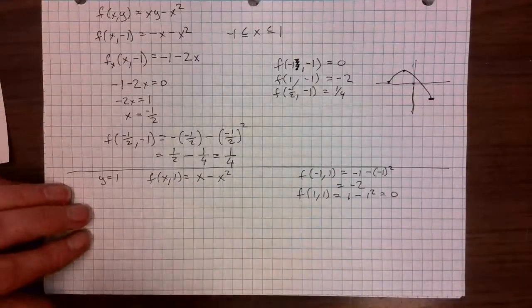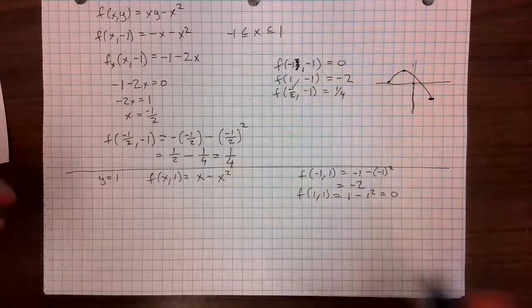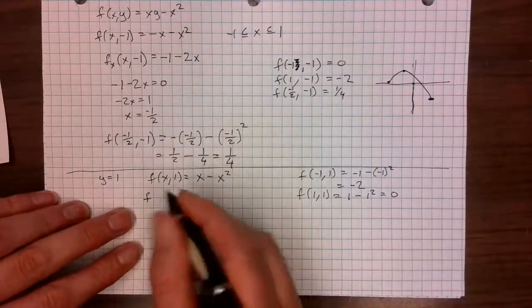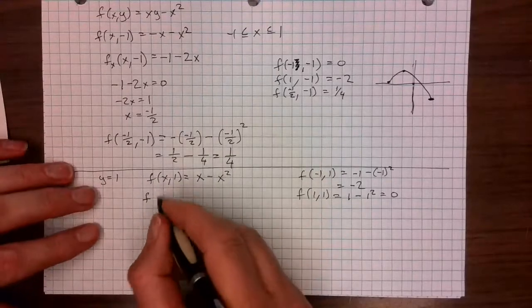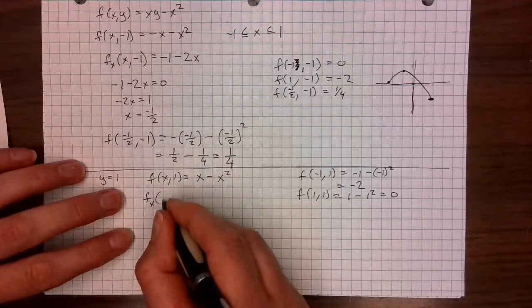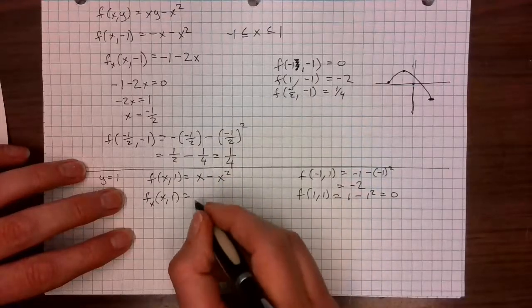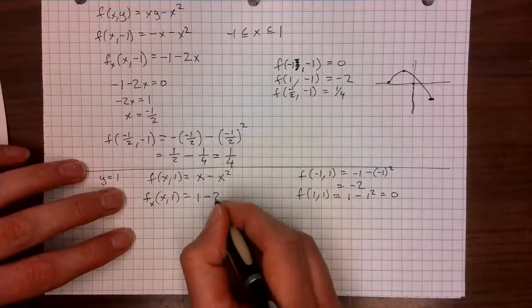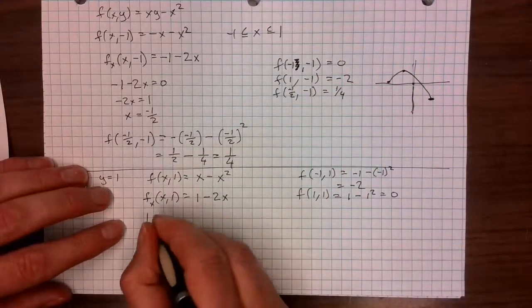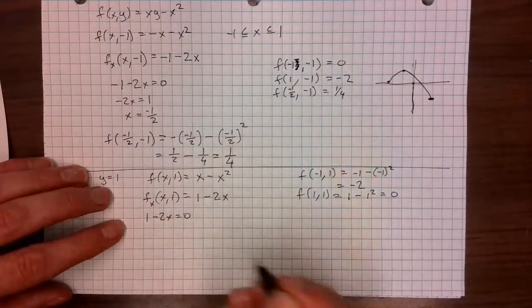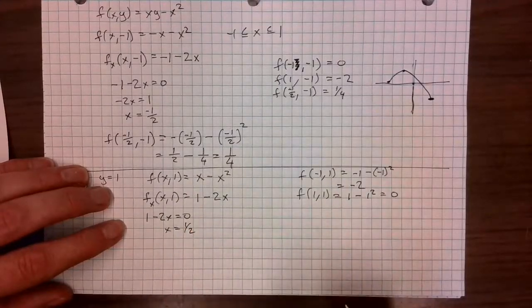Now let's look at the critical points inside this little piece of the boundary. So it's f sub x at y = 1, and that's just the x derivative of this. So it's 1 minus 2x. So that's 0 at the critical point, and that's at x is 1/2, right?